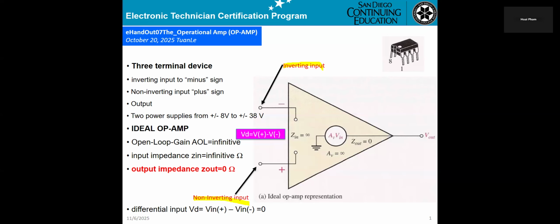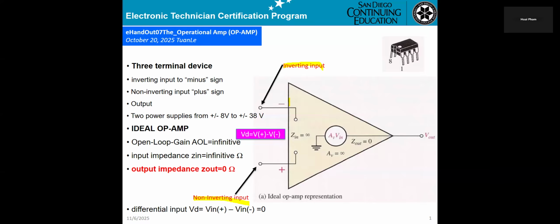Basically, the inverting input will be a minus sign, and the non-inverting input a plus sign. And also, basically, the input impedance.